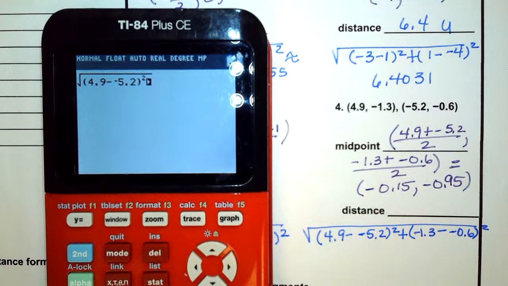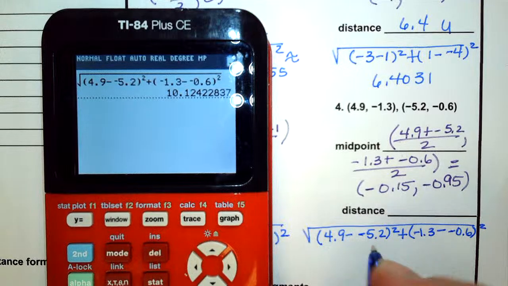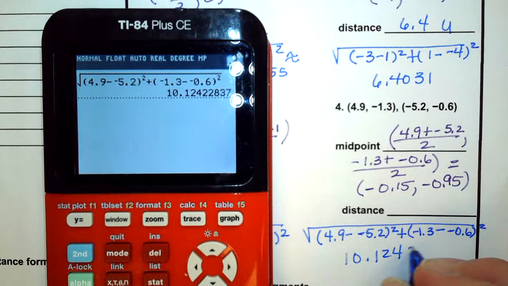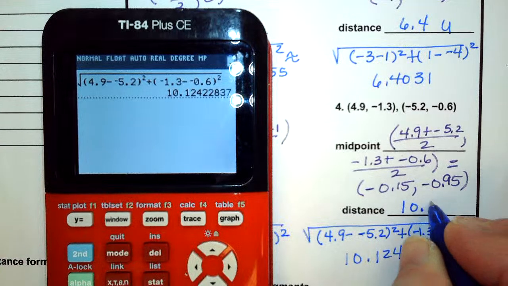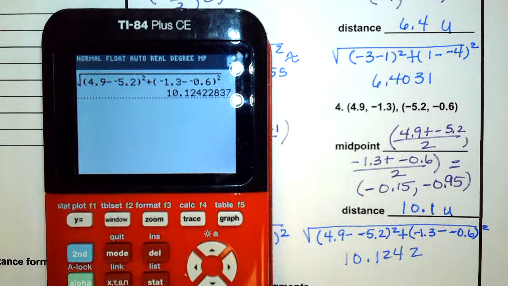Close it and square it, plus parenthesis, negative 1.3 minus negative 0.6, close it, square it. 10.1242. So this distance is approximately 10.1 units.